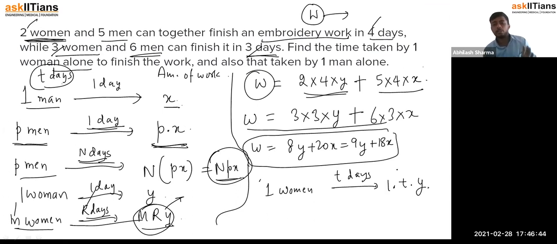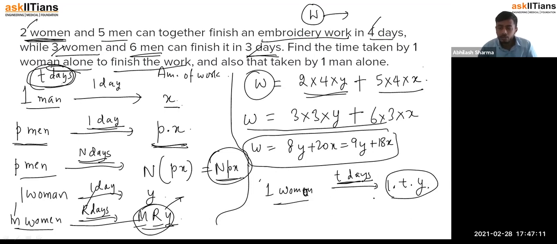I hope this is clear to everyone. This is important to understand, okay? How much work will she complete in 1 day? Look, it is actually woman, not women. So if I have assumed that one woman will take t days to complete the entire work, then in t days, how much work can she produce? She can produce 1 into t into y, correct?